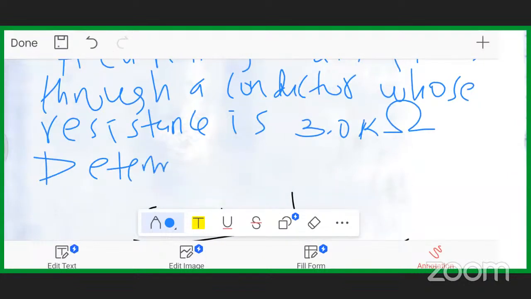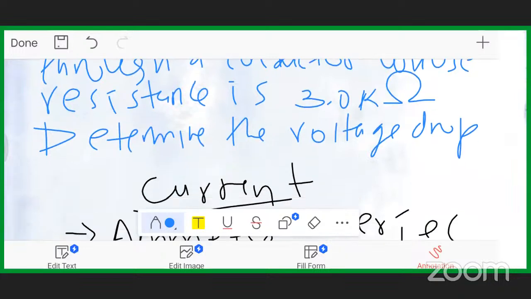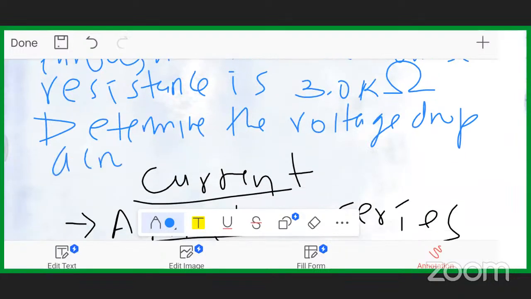Determine the voltage drop across the conductor.